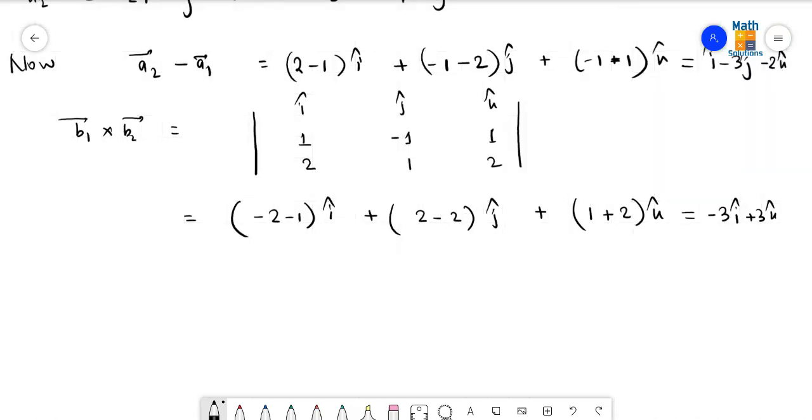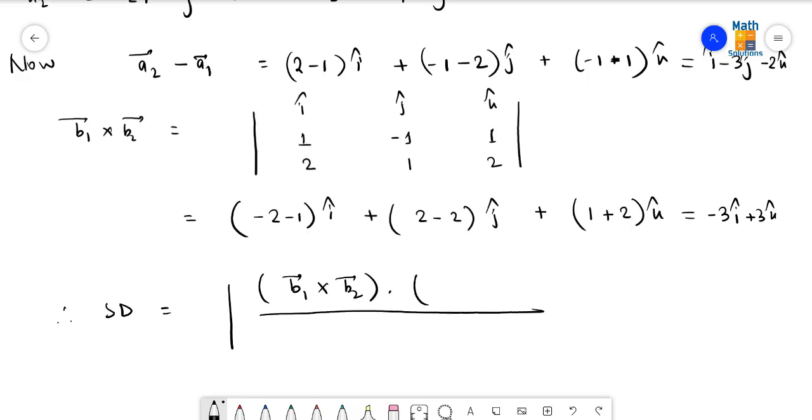Now coming to the SD formula. Therefore shortest distance is equal to first the modulus you have to put here, then vector b1 cross vector b2 dot vector a2 minus vector a1, then modulus of vector b1 cross vector b2.